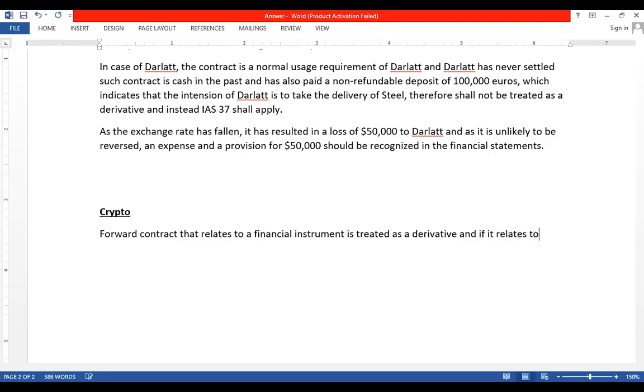And if it relates to a non-financial instrument, it is treated as a non-derivative.